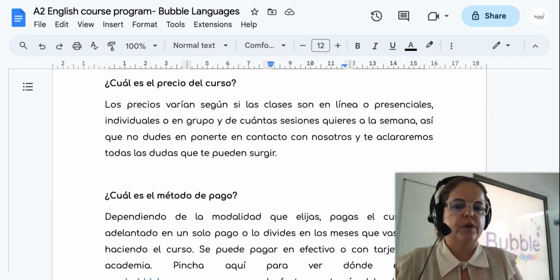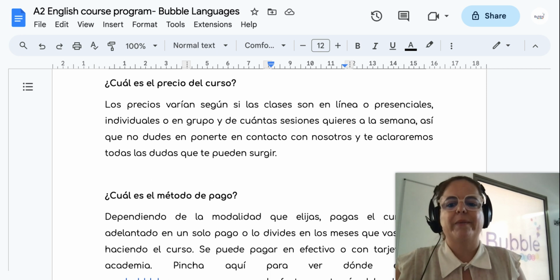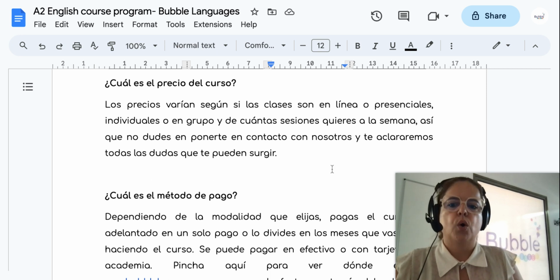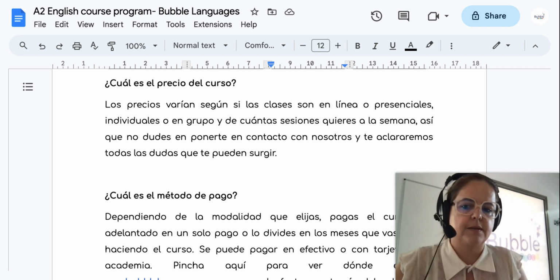What is the price of the course? This varies depending on whether you're going to do one lesson a week or two, whether you are coming in person or taking the course online, and whether you want specific individual lessons for yourself or you don't mind joining a group, which is the idea behind this.